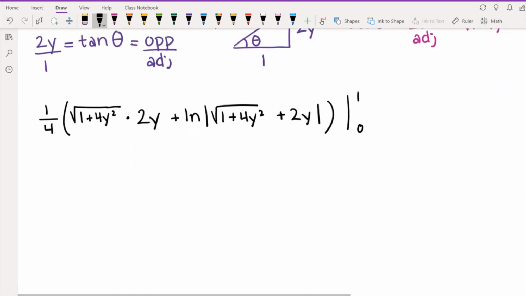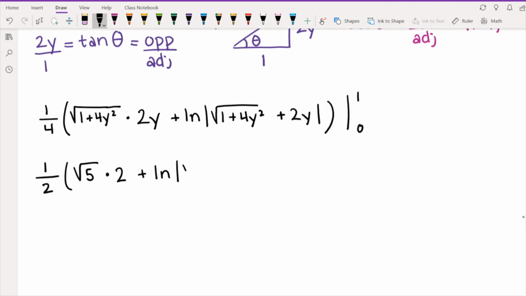Luckily the bounds are pretty nice, because otherwise this would be a complicated expression. So if we plug in 1, we get square root of 5 times 2 plus ln of absolute value of square root of 5 plus 2. And then if we plug in 0, we should write it out because of the ln, but we're going to get 0.